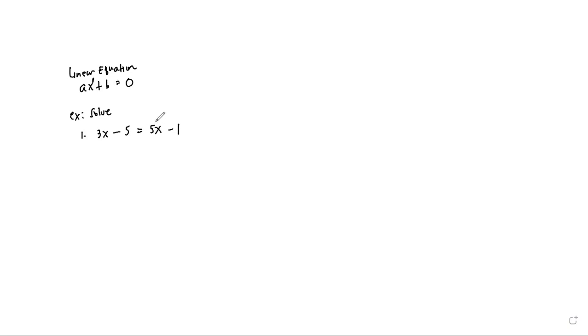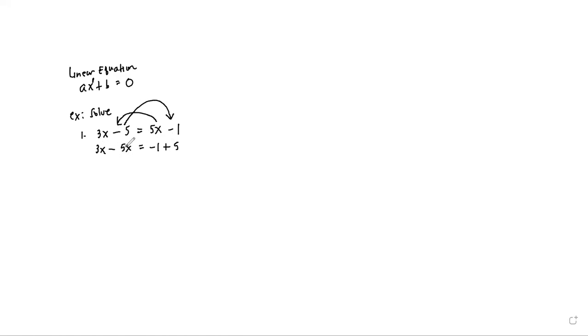So in this case, 5x will be transposed to the left side. When we transpose 5x to the left side, its positive sign will become a negative sign. So that gives us 3x minus 5x. And then the negative 5 from the left side will be transposed to the right side. So that gives us negative 1. And then the negative 5 will become plus 5 at the right side.